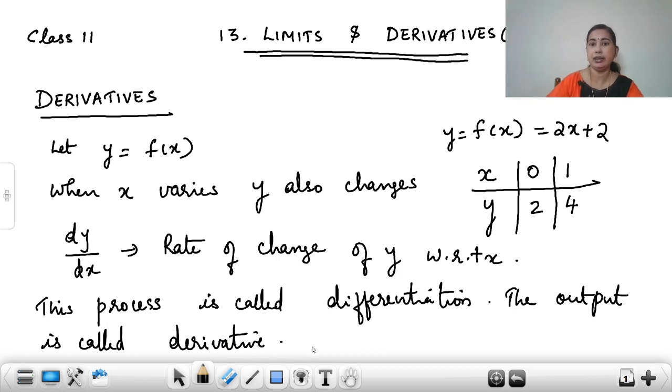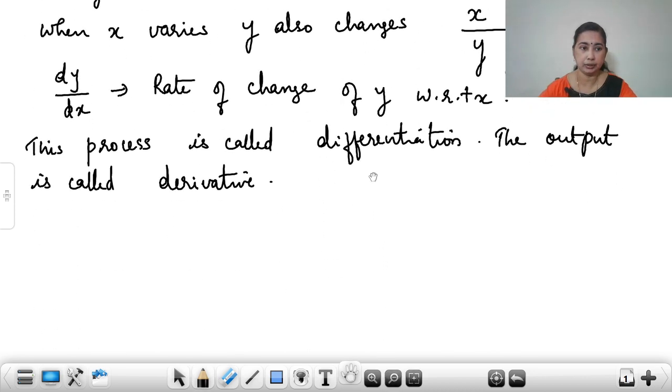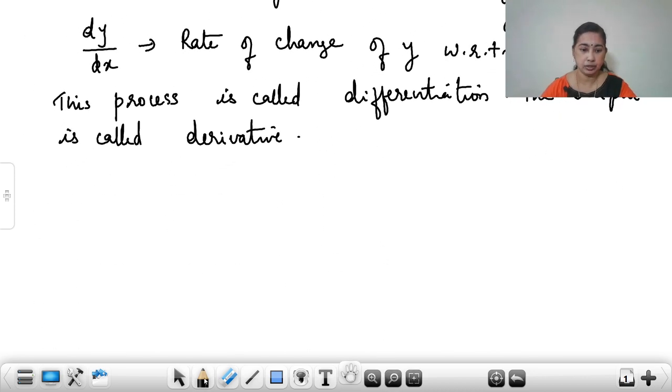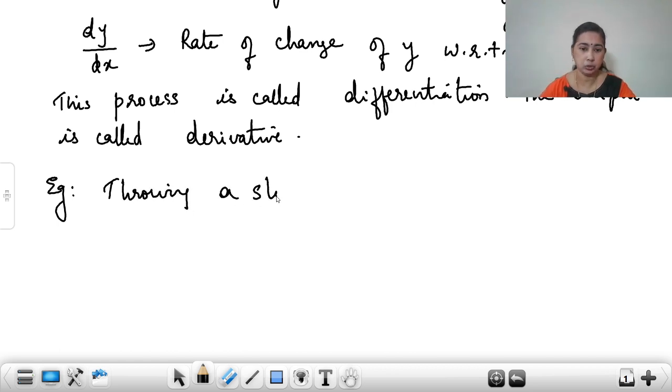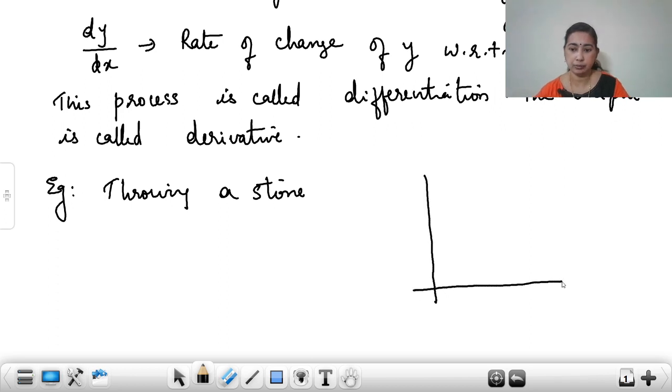So we'll take a real life example, let it be throwing a stone. When I am throwing a stone, I am drawing the distance time graph here, with time this side and distance this side.